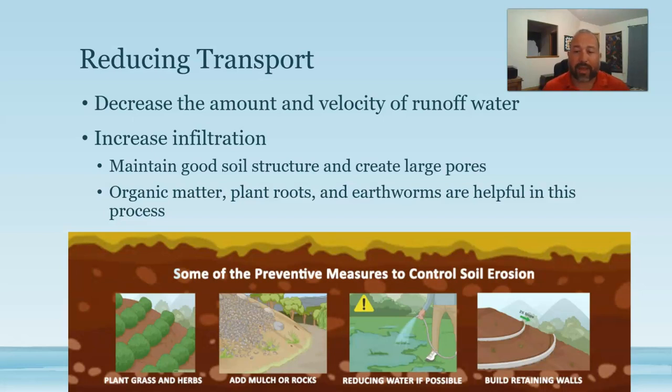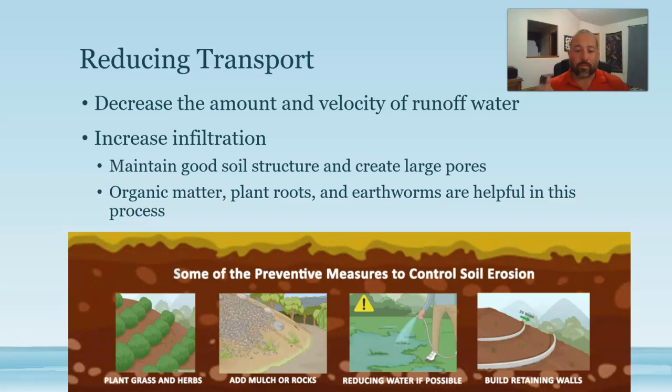Organic matter, plant roots, and earthworms are all also going to be helpful in the process of creating large pores. Organic matter is going to add into the process and help aggregates form. Plant roots are going to then work their way through everything, and by working their way through everything, they're going to open up space and open up room for pores.